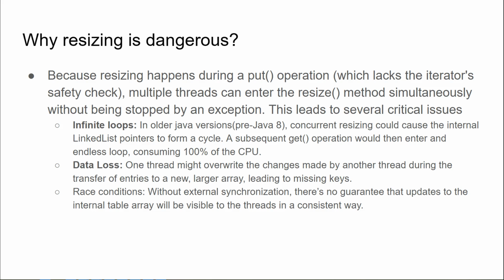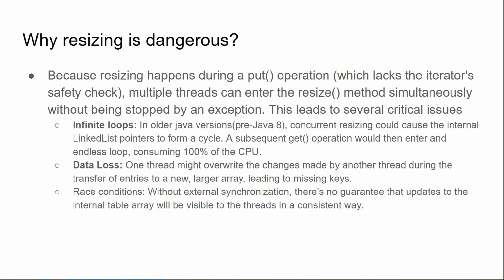Okay, and this could lead to several critical issues. For example, infinite loops in older Java versions, because each new item in the bucket was added to the head of the linked list. The concurrent resizing could cause the internal linked list to form a cycle.